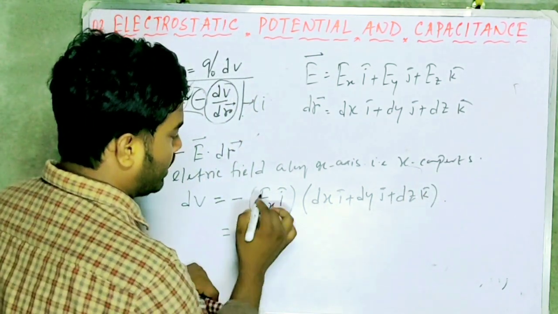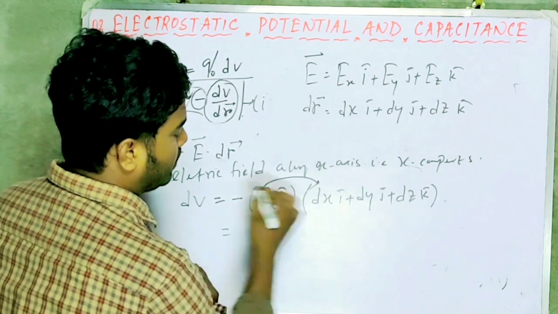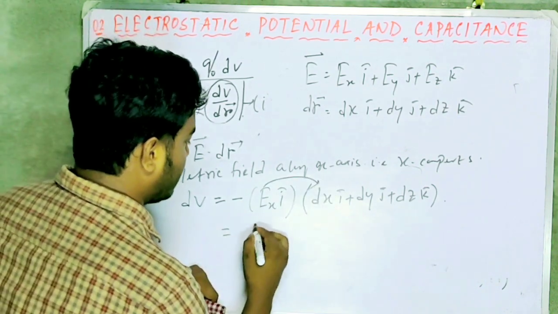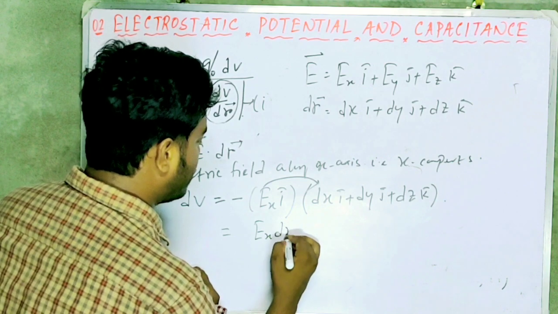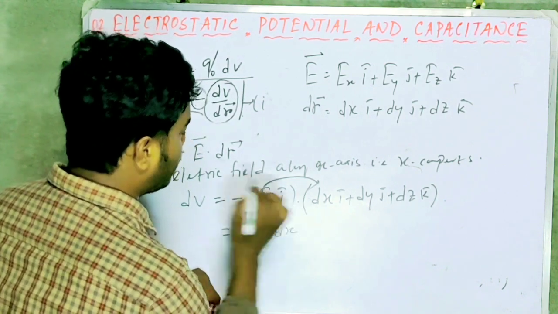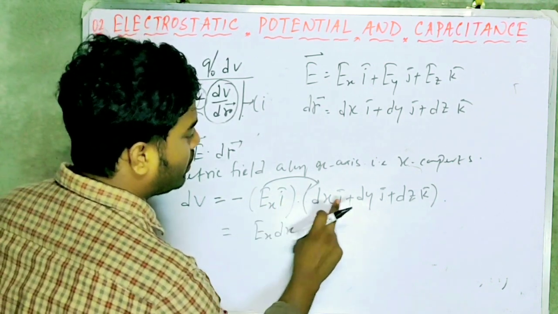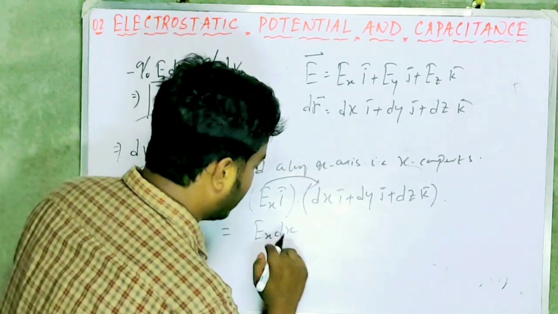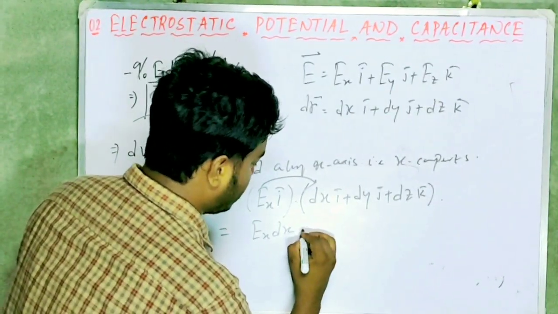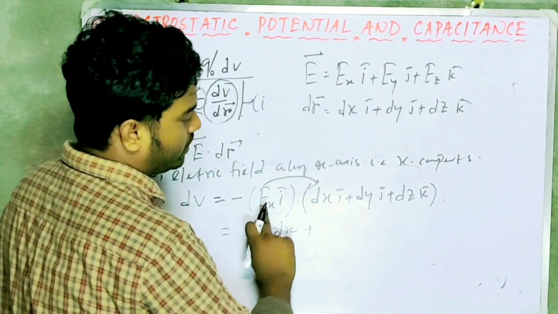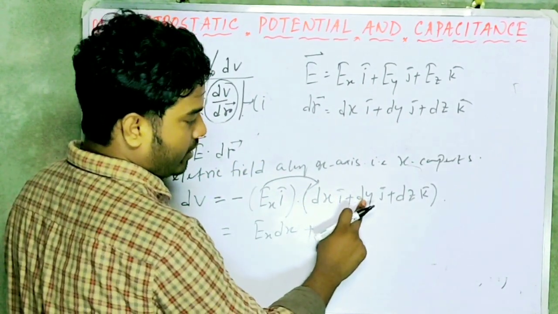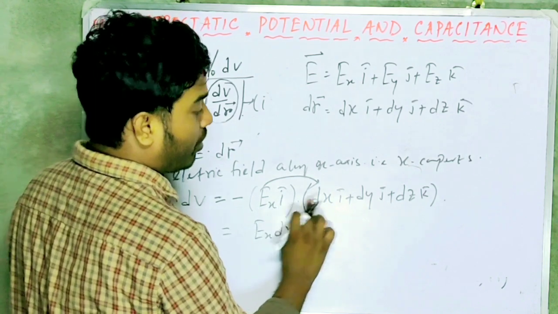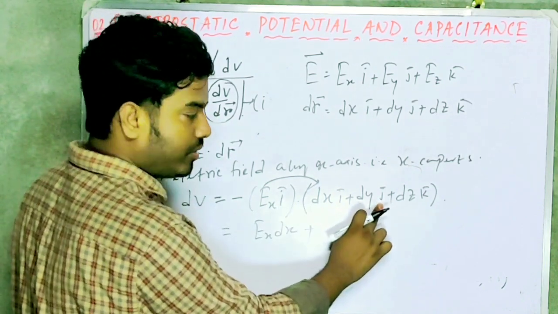Now calculate it. Ex into dx, there is a dot product, i dot i, what? i dot i is 1, plus Ex dy, but i dot j is 0.